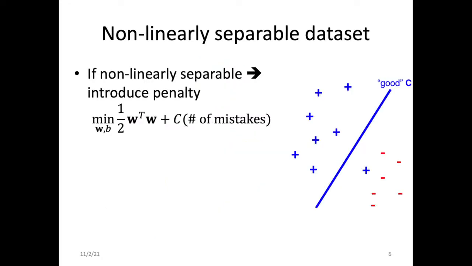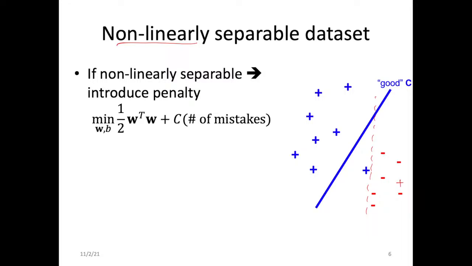Before I tell you how to solve this, let's discuss something. What if the data points are non-linearly separable? In this example, it's still linearly separable because I can, for example, find a line here. But if I have a positive instance here, then that's non-linearly separable.